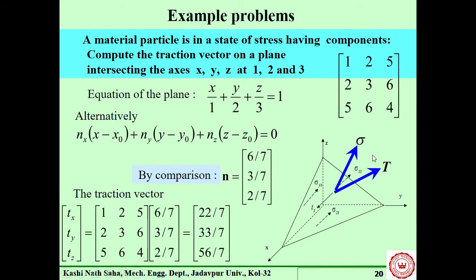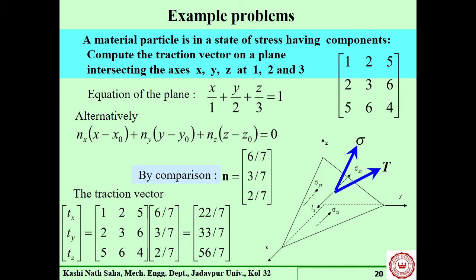And T is our traction vector, which is the resultant vector for this particular state of stress. So one component of T is along the n direction and another component is along this plane. That would be our shear component.